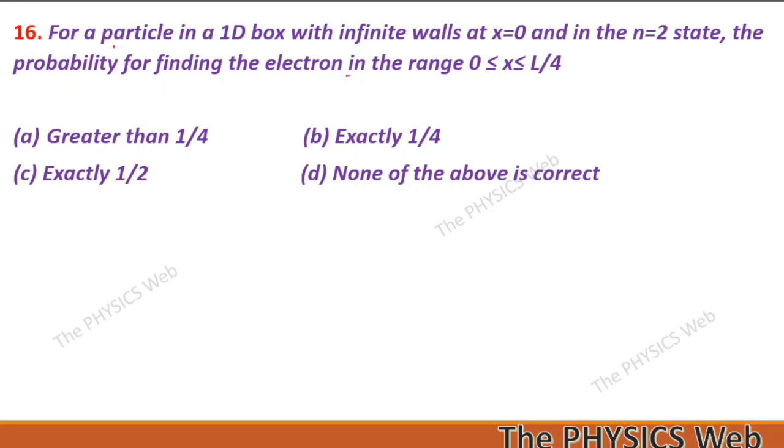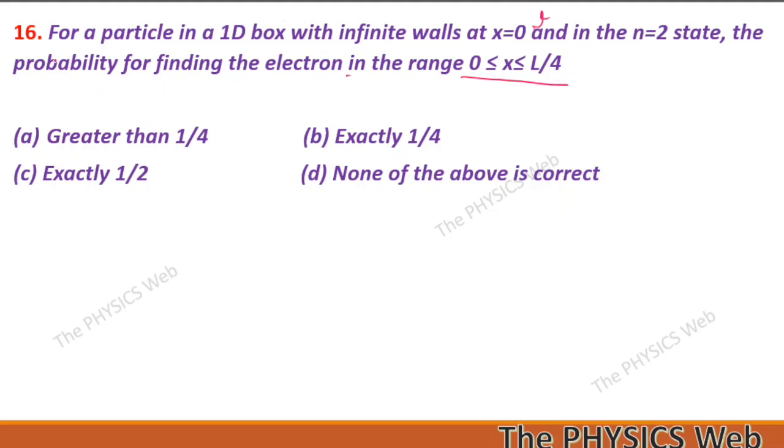Next, question number 16. For a particle in a 1D box with infinite walls at x equals 0 and L, in the n equals 2 state, what is the probability of finding the electron in the range 0 to L by 4?